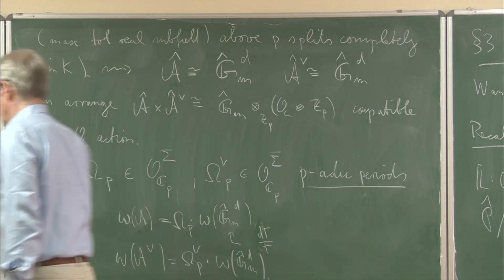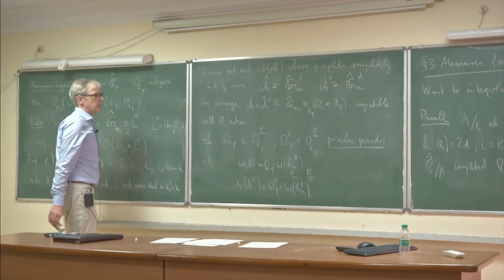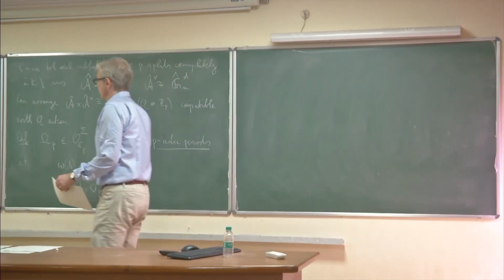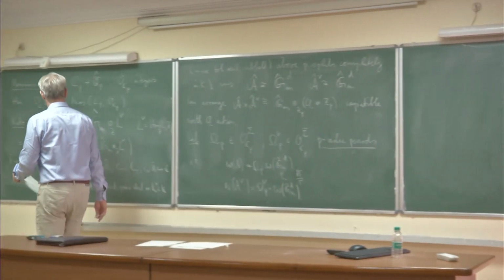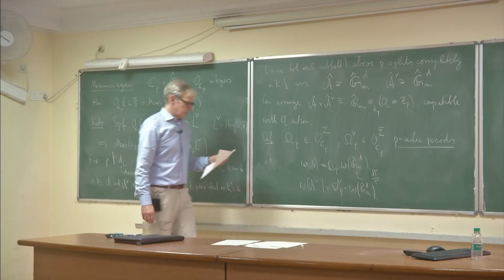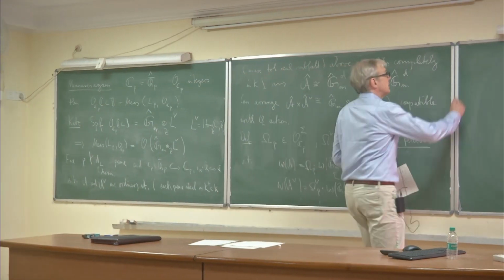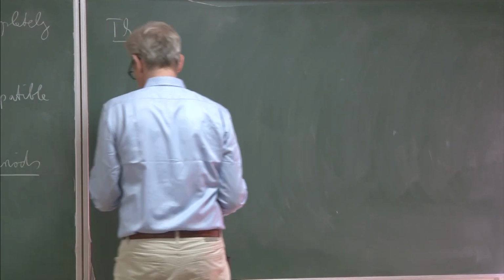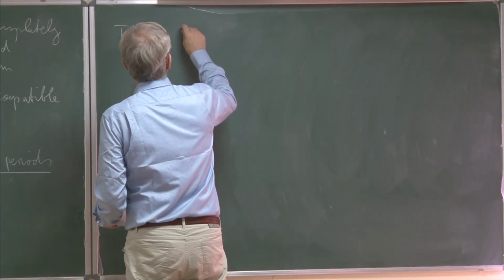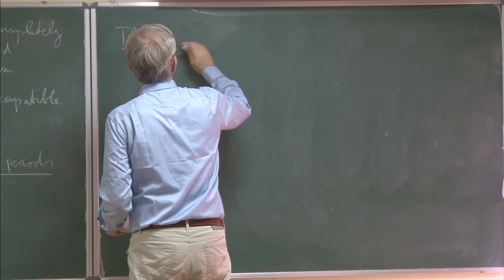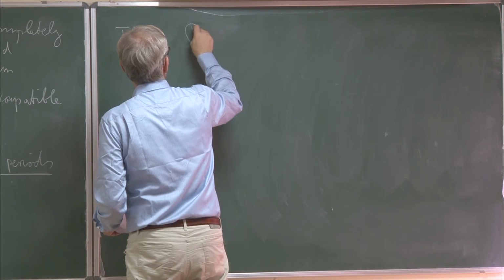And now we have set up the stage. So now comes the most important theorem here, because we want to produce classes there, and that's the following theorem. We do the following. So we have the P hat.